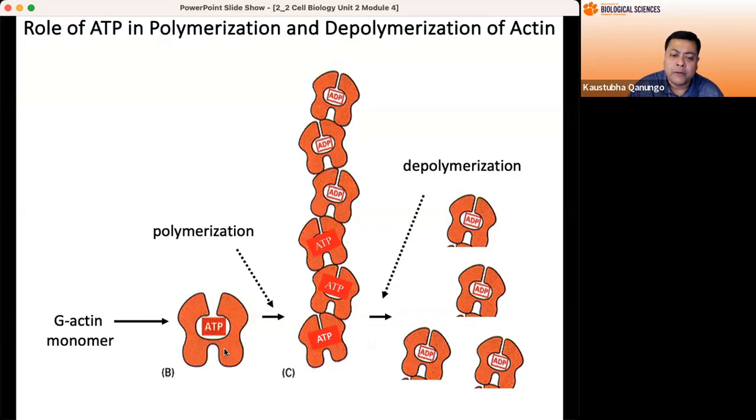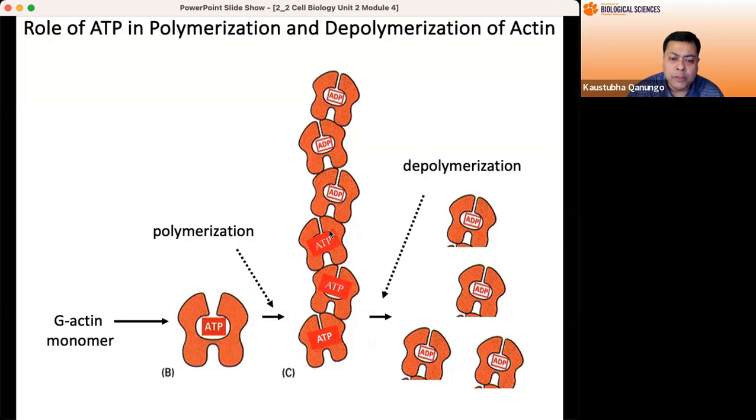Now, the G-actins, and this is the important part, have an intrinsic or built-in ATPase activity. That means the G-actin in this filamentous actin will hydrolyze the ATP into ADP, adenosine diphosphate, and the inorganic phosphate will be released.